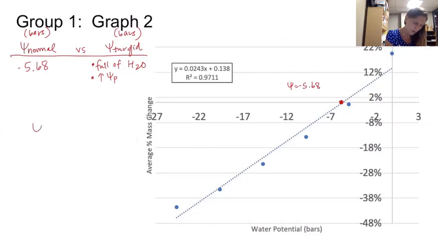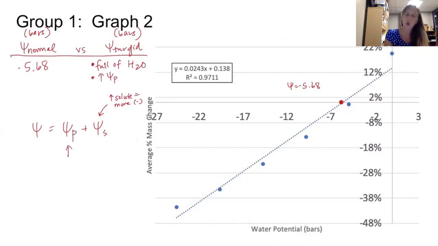So if you remember, water potential is equal to pressure potential plus solute potential. Solute potential, the more solutes you add, the more negative your number, right? If we have turgid potatoes, what we have done is put an increase in the pressure potential.